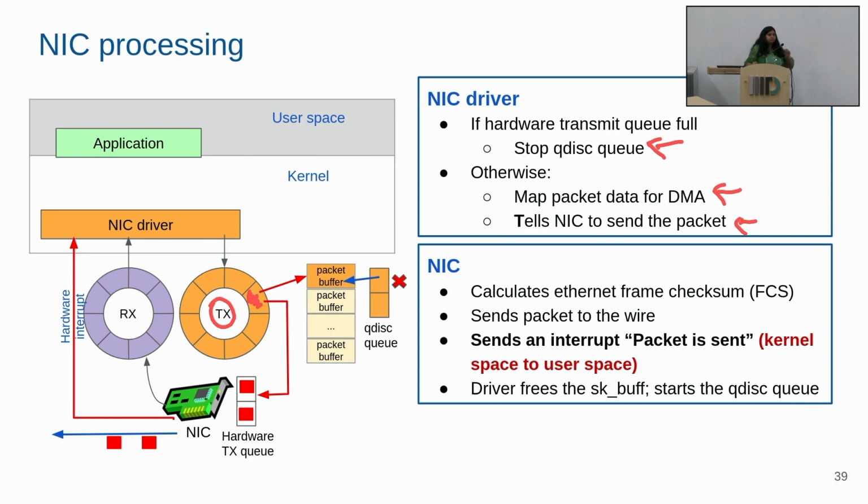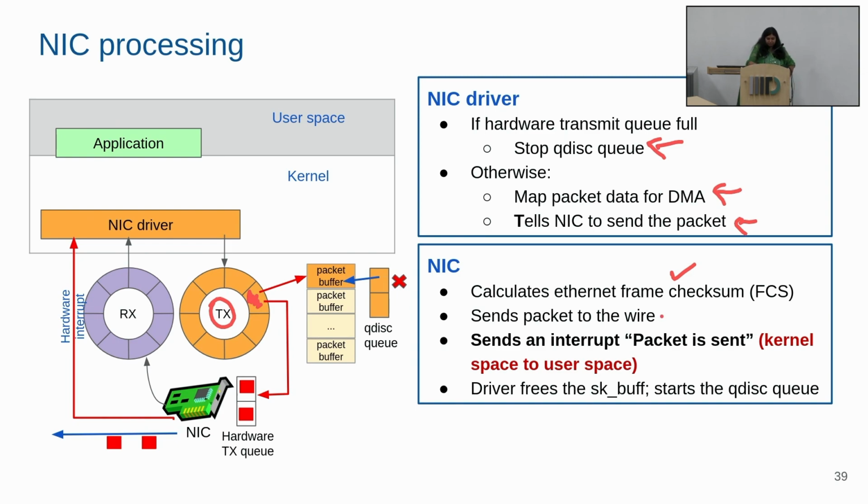Now what does a NIC do? Anything that is to be done on the hardware, we are talking about that now. I told you checksum offload happens. So now I'm talking about the Ethernet checksum. The Ethernet checksum calculation is done, and the checksum is appended to your packet data. It is appended in the packet buffer, in the room on the right side. After appending that, an interrupt is sent saying that the packet is sent.